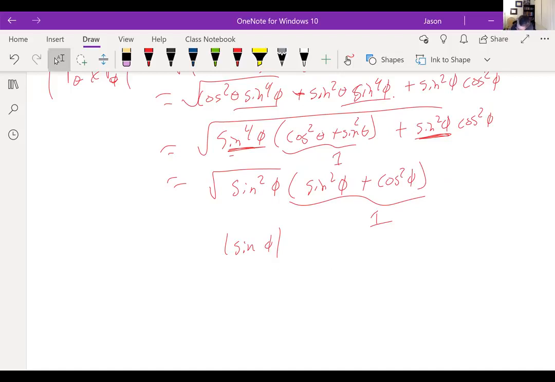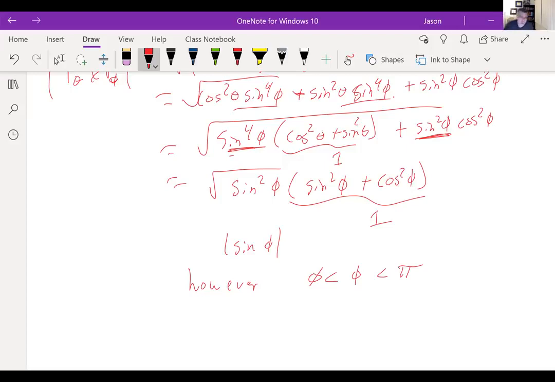However, where is phi designated? Phi is only designated from 0 to pi, right?